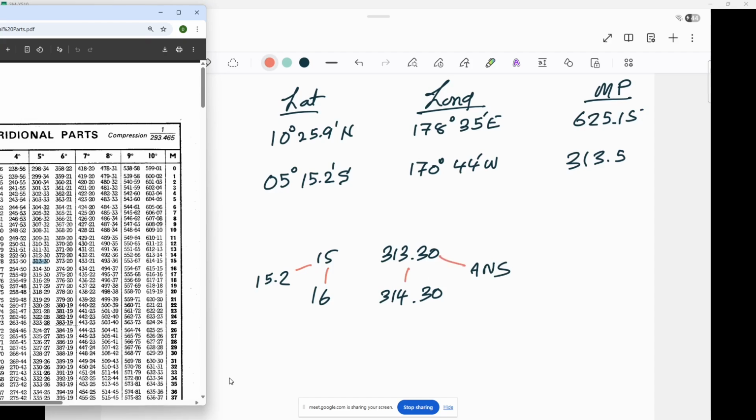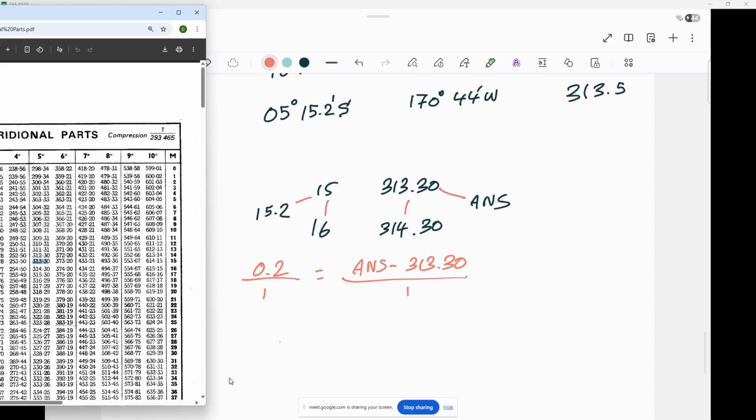So I'm going to write it down. 15.2 minus 15 is 0.2, and 16 minus 15 is 1, equals answer minus 313 decimal 30, over 314 decimal 30 minus 313 decimal 30, which is 1.